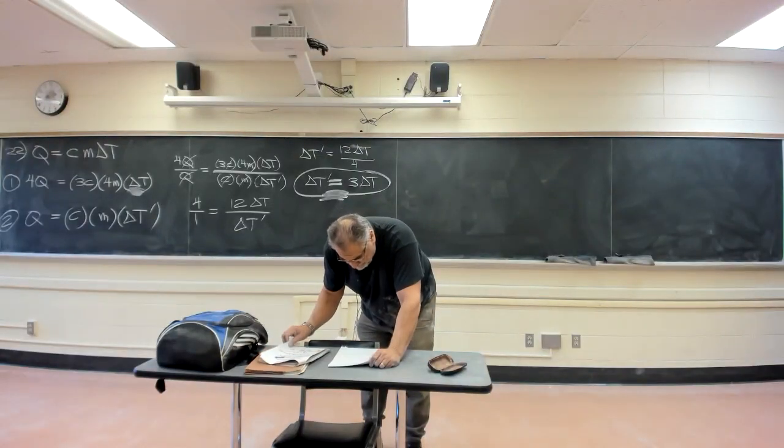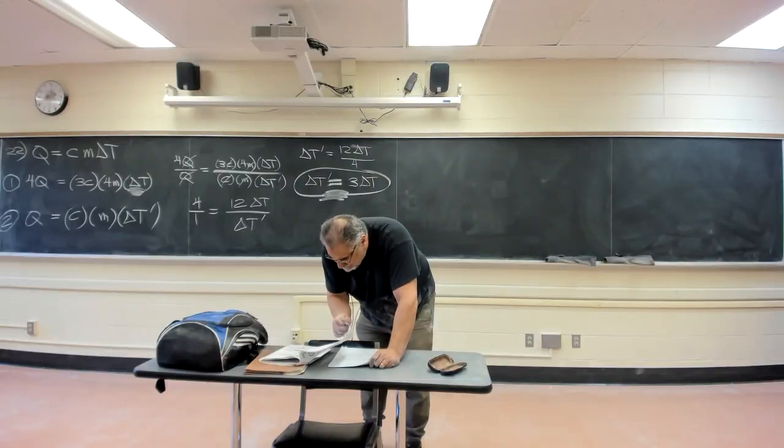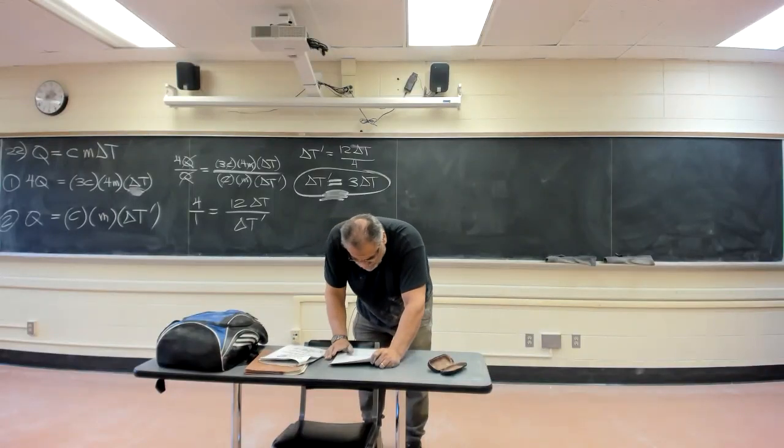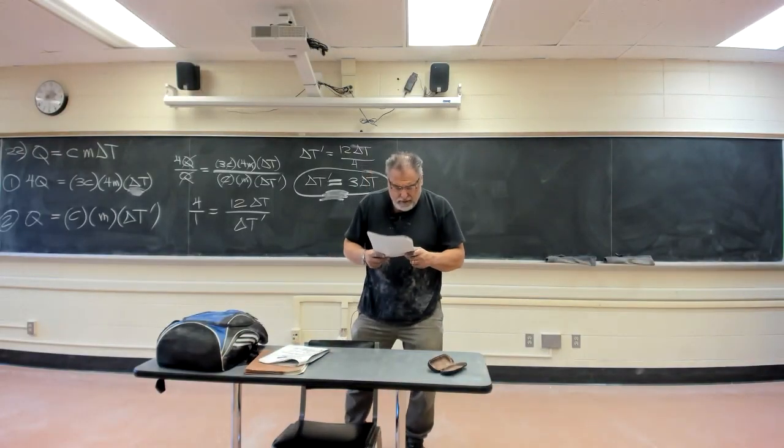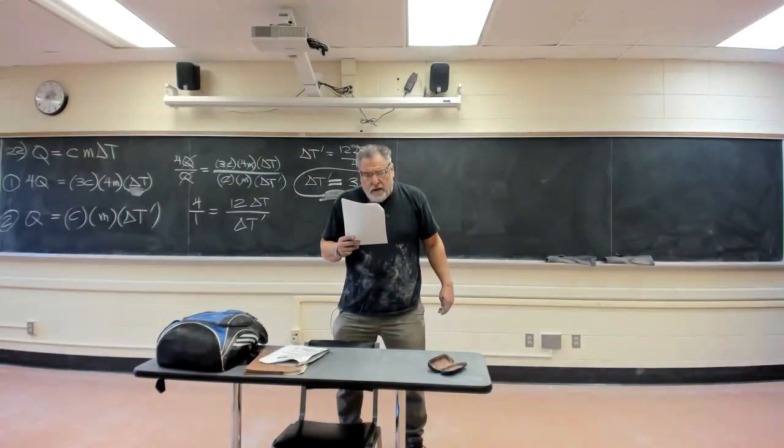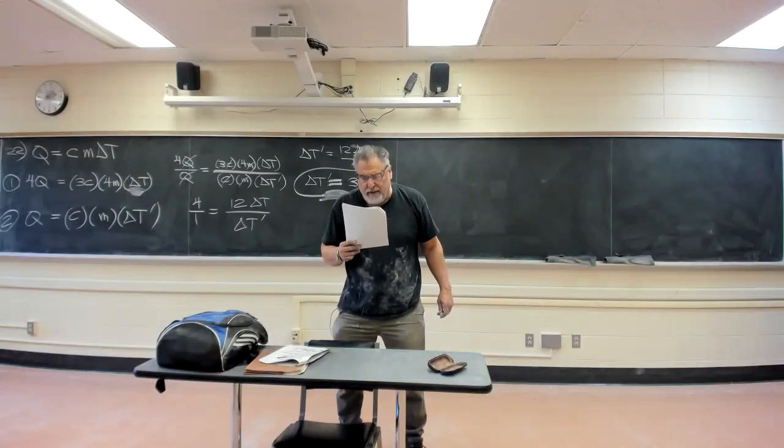We are looking at number 23. And let's talk about it. Number 23, specific heat. Object 1 has 4 times the specific heat capacity and 5 times the mass of object 2. Here we go again.